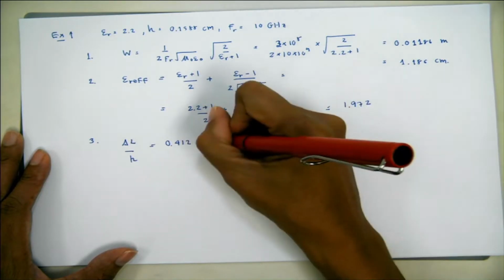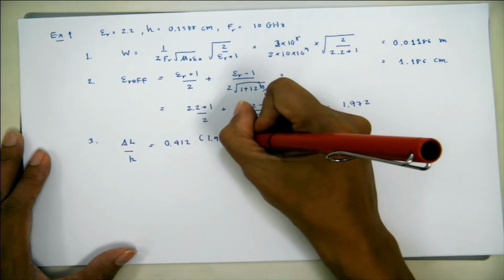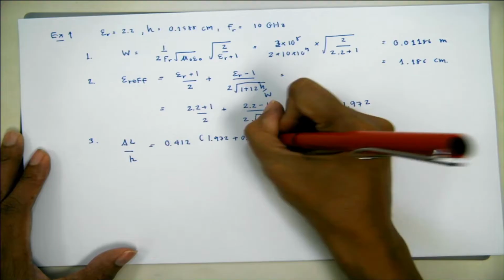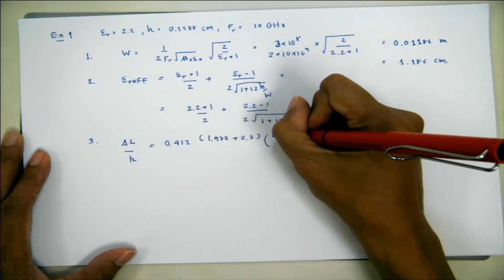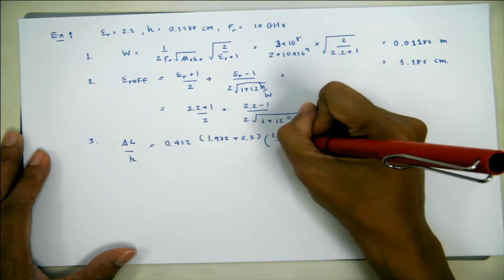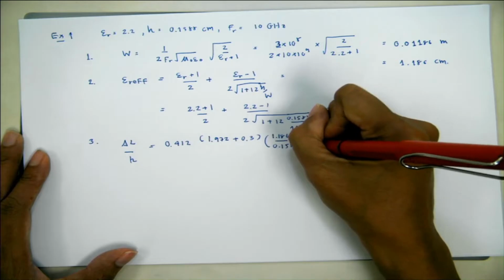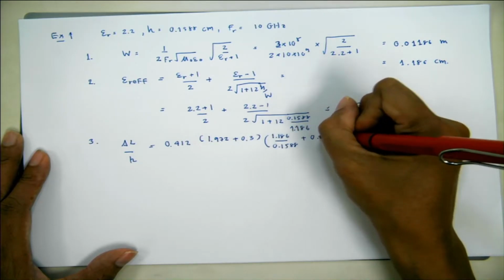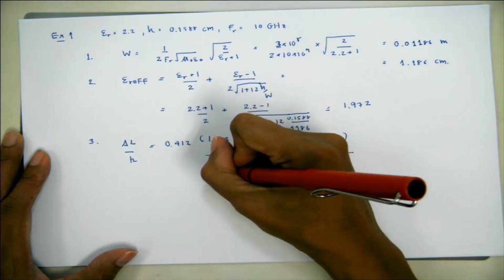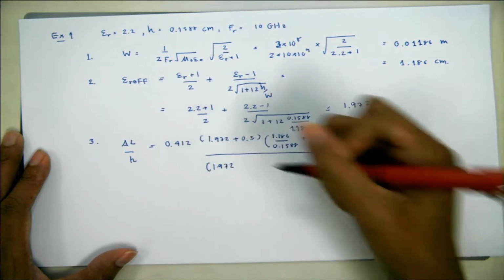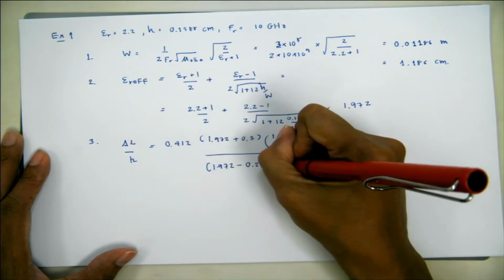Epsilon r effective is 1.972, and then plus 0.3. Then W over H is 1.186 divided by 0.1588 plus 0.264. Then epsilon r effective minus 0.258.